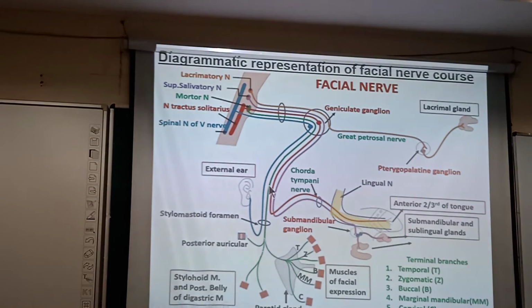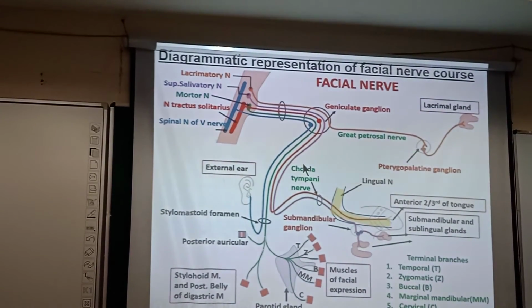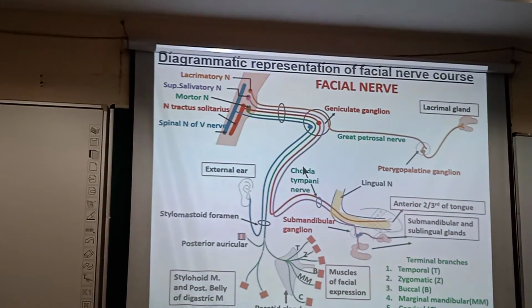Before coming out, these are inside the tympanic cavity. This facial canal lies inside the tympanic cavity or middle ear cavity. Inside the middle ear cavity, it gives one branch, the nerve to stapedius, going to the shortest muscle of our body, the stapedius muscle.